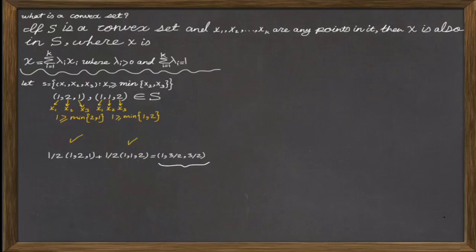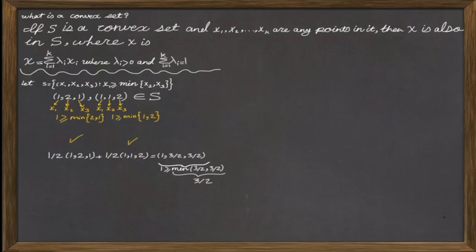Now let's check the condition of the space. If we look at this condition, we see that it is not met because the minimum of x2 and x3 is 3.5 and it's greater than 1. So the condition defined for this space is not satisfied here. So S is not a convex set.